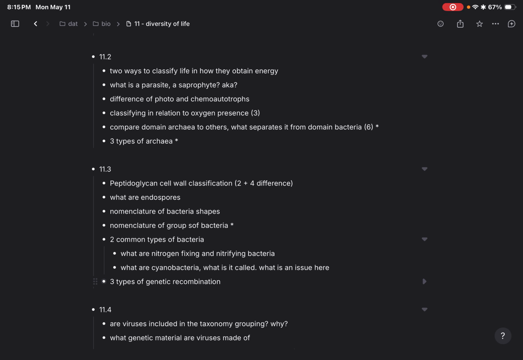Transformation is when you heat shock it and it absorbs the DNA. Then transduction must be, how else would you get the DNA into the cell? Oh, you could use the virus. So I want to say that's transduction.